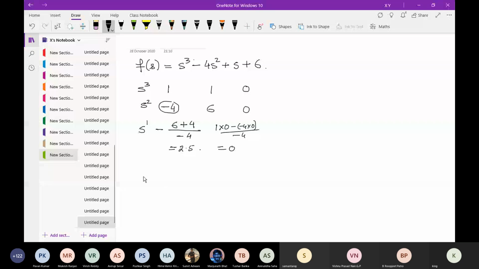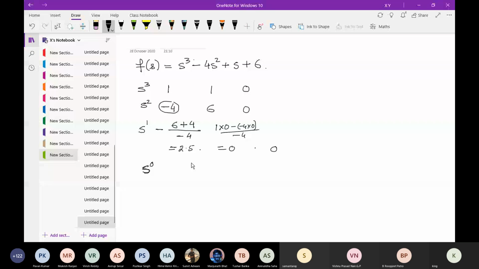So this is my S1 and this is my S0, which I will form in a similar fashion, but now by using this.